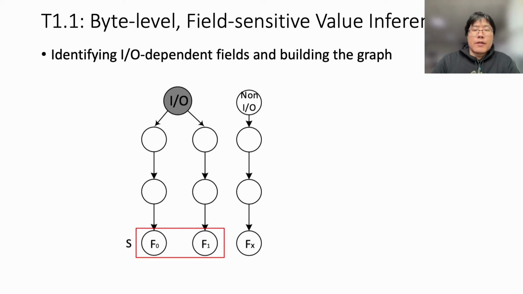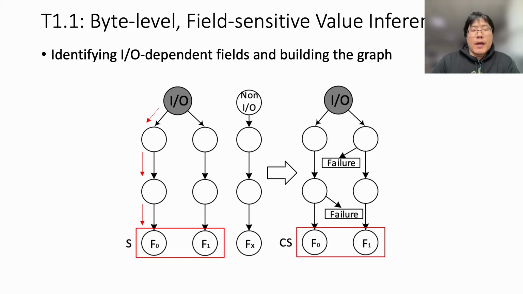Let's take a look at value inference first. When doing value inference, we first identify the I/O-related fields and build an I/O dependency graph. We first use data flow analysis to collect data structures related to I/O, and then further determine key fields by judging whether input has an impact on the control flow.